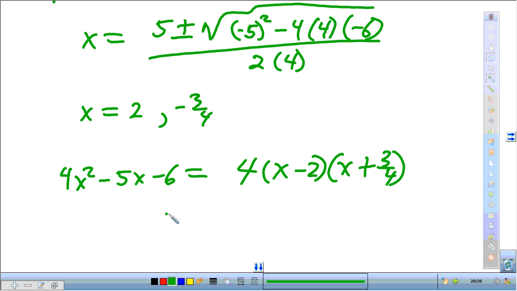Now, in what we might think of as a more aesthetic setting, we might take the 4, multiply into this second factor, and then write it in a way we might like to look at better, x minus 2, and the other factor being 4x plus 3.